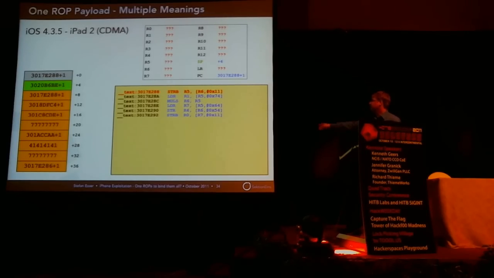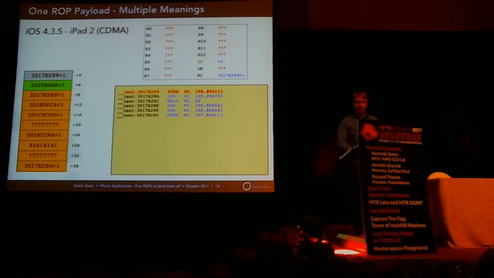Then you disassemble the ARM opcodes, and you will see that it tries to write a byte from the R5 register into some address that is at the R6 register plus 11. Of course, this is an exploit, so we most probably don't know the status of the R6 register at the moment. That's why it's with a question mark in the register window.